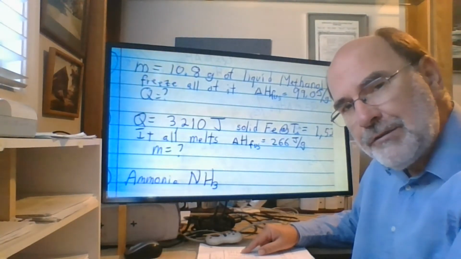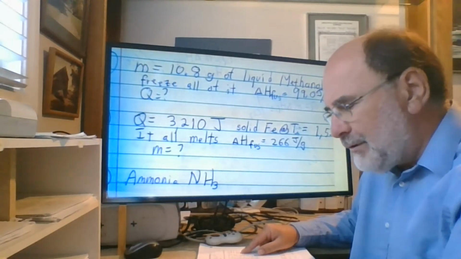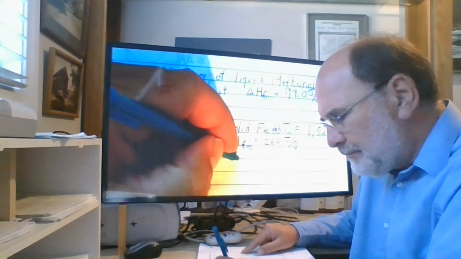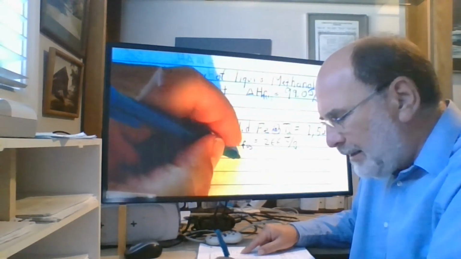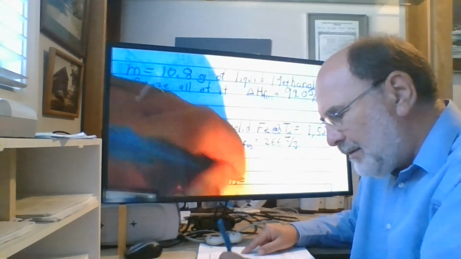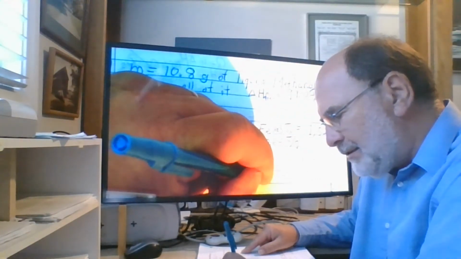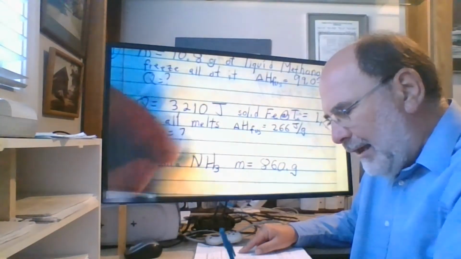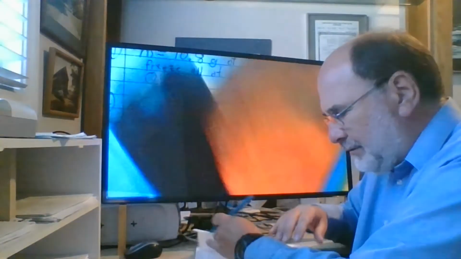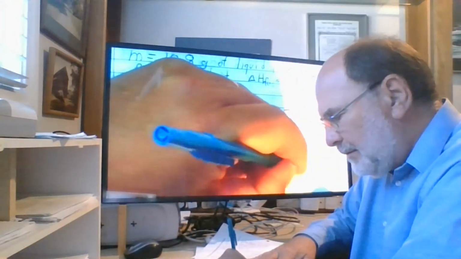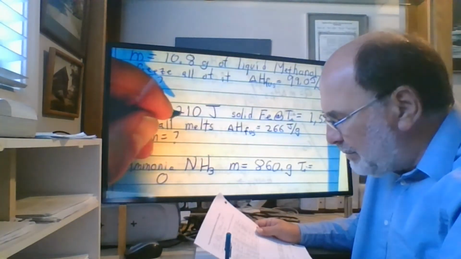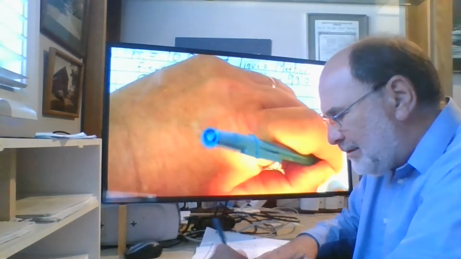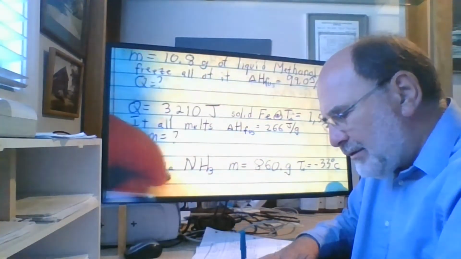Just memorize it like water is H2O. And with this ammonia, I'm going to vaporize it. Let's do this. I have a mass of 860 grams of the stuff, and it's at a temperature of its boiling point, which is negative 33 degrees Celsius, and it's liquid.